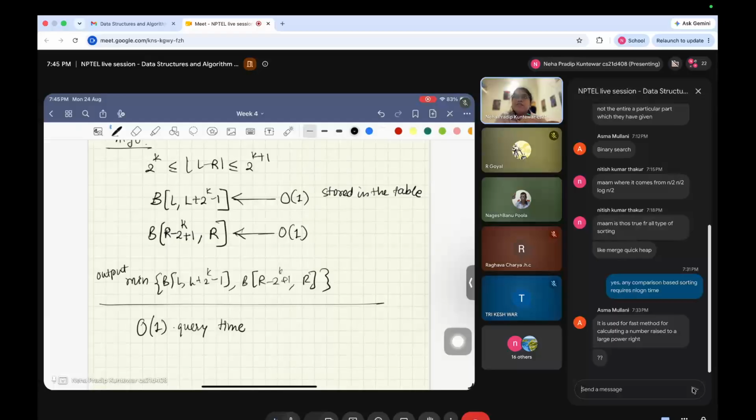Yeah, I mean, the name is similar and the intuition is similar, that using powers of 2 you are making a logarithmic amount of savings, but essentially these are two different algorithms, but the intuition or the core idea is similar. You are skipping a lot of things by jumping with the power of 2.